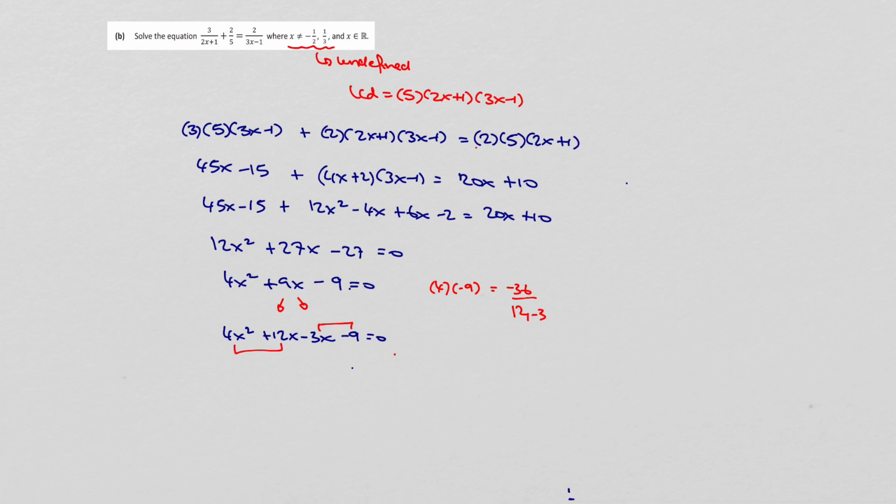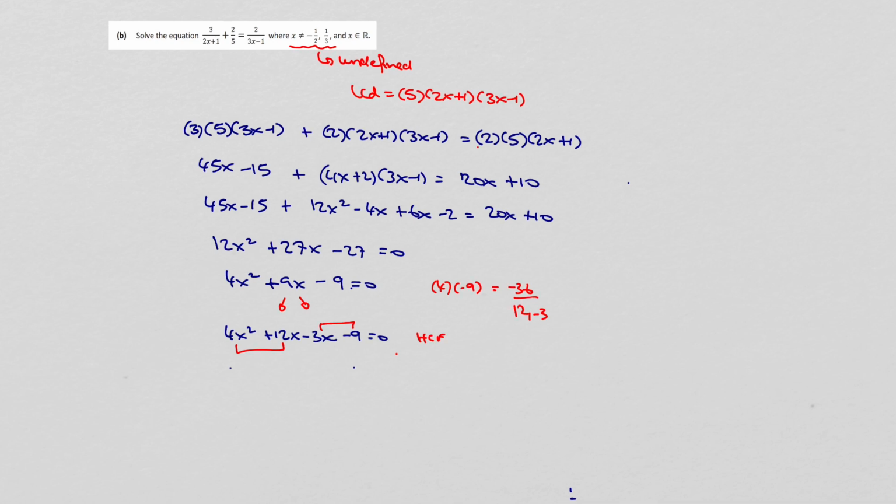Group the first two, highest common factor: we have 4x being common, leaving us with x plus 3. Then minus 3 is common, and we have x plus 3. And then x plus 3 is common, and that leaves us with 4x minus 3 equals 0.